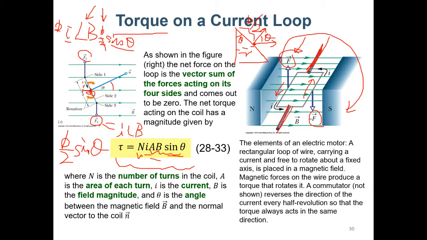Then A cross B, yeah, pointing to the inside of the page. N is the number of turns in the coil, which means that this is not one wire. This can be with N loops.